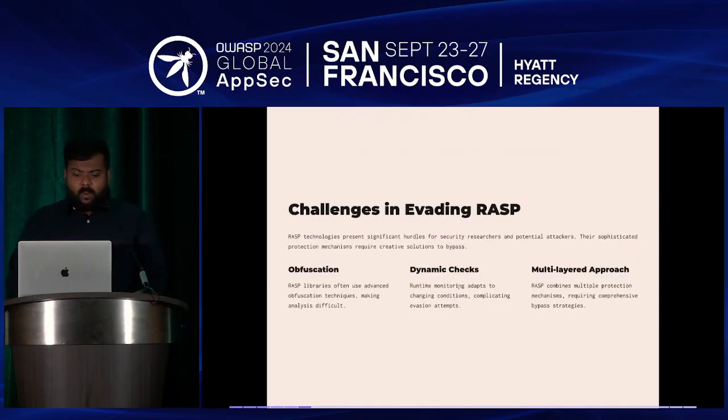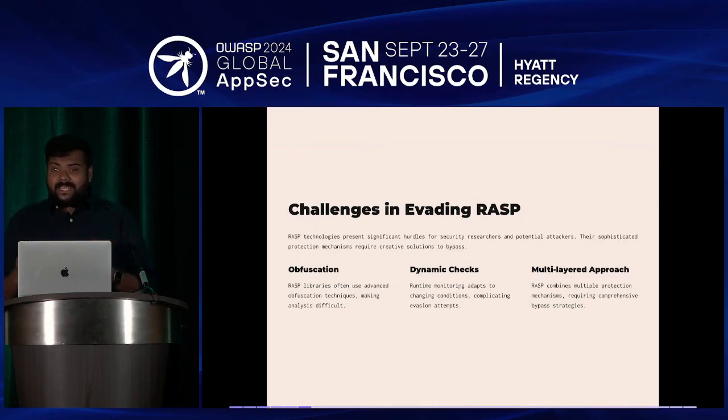So what are some of the challenges in evading RASP? Now, if an application has RASP integrated, the problem with tools and manual pen testing is, one, these applications are obfuscated. It becomes a little bit difficult to decompile these applications and figure things out.